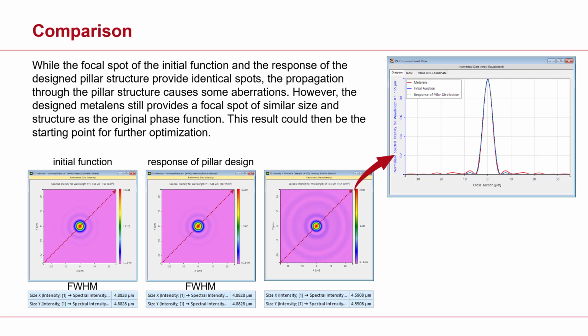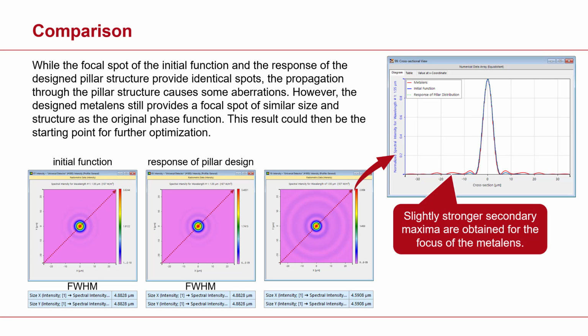We cannot see it here in the focal spot. And then finally on the right, we see the focal spot of the meta-lens proper. And we see that in this case there are some slightly stronger secondary maxima in the case of the meta-lens itself. So the actual propagation through the pillar structure causes some aberrations.